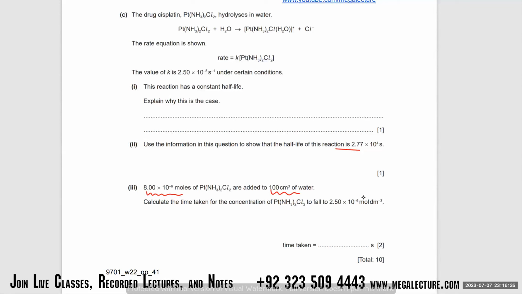Yes, the initial concentration is 8 times 10 power minus 5. So how many half-lives does it take for the initial concentration to decrease to 2.5 times 10 power minus 6? It's a first order reaction, so the half-life is constant. So how many half-lives is this?